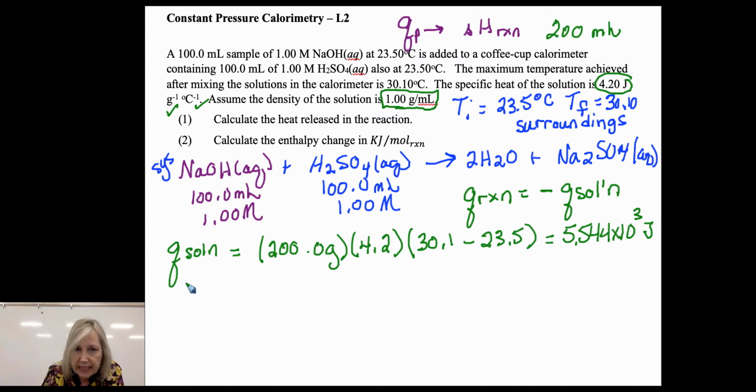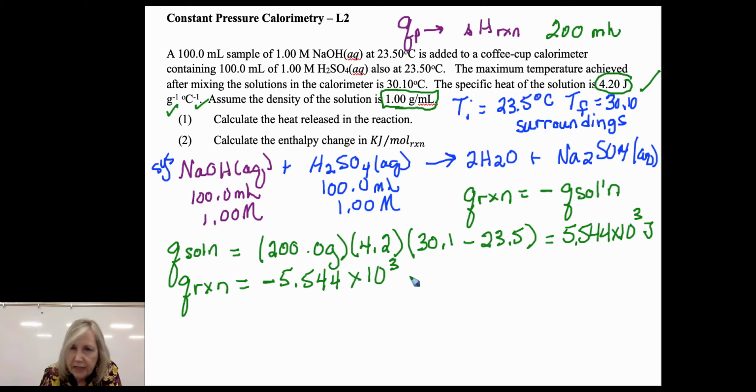So that means that Q of my reaction, so my surroundings gained heat, that means my reaction lost heat, so it's going to be equal in magnitude but opposite in sign. So increase in temperature of the surroundings, heat was released to the surroundings by the reaction. If the reaction releases heat, it's exothermic. Okay, so that's the first one.